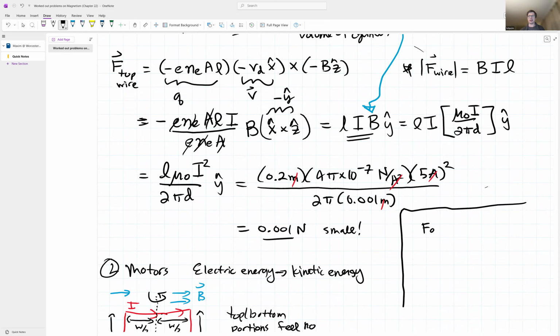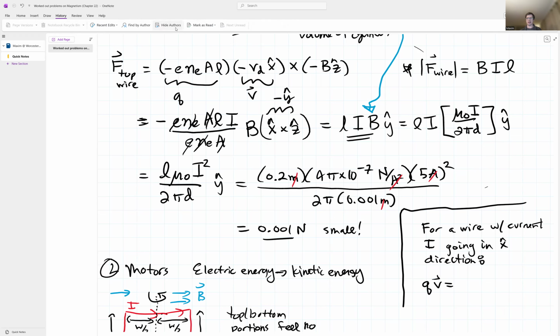So for a wire with a current I, going in direction x hat, we have the following: that QV is just, well, I guess we can redo the calculation a little bit.